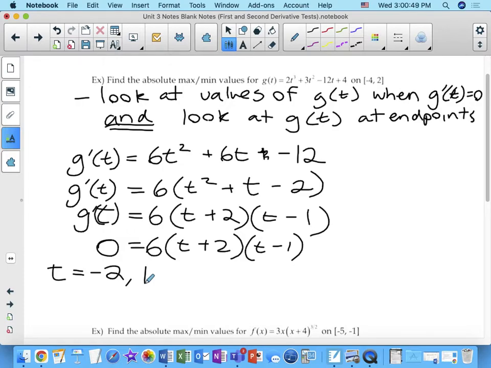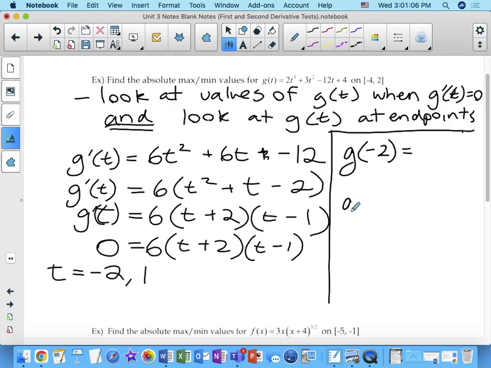Okay, so what do we need to look at? What do we need to test? Well, we've got to test those two values, g of -2, g of 1, and then the two endpoints, g of -4 and g of 2.